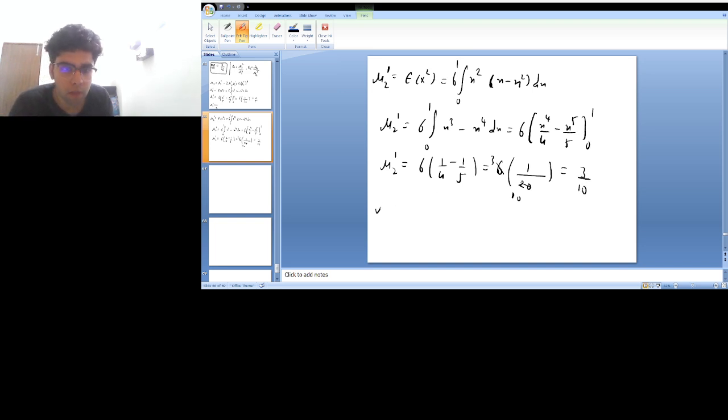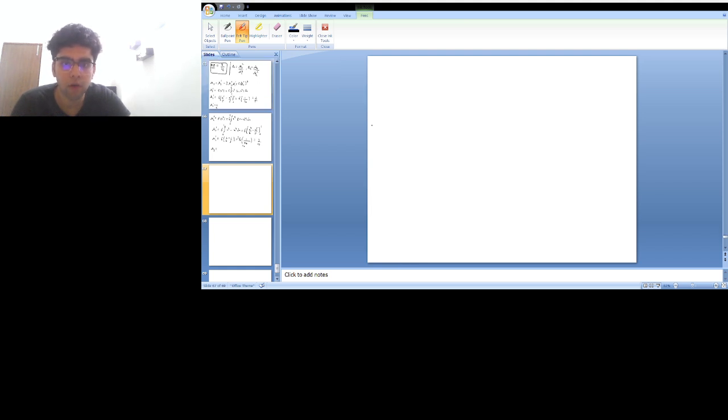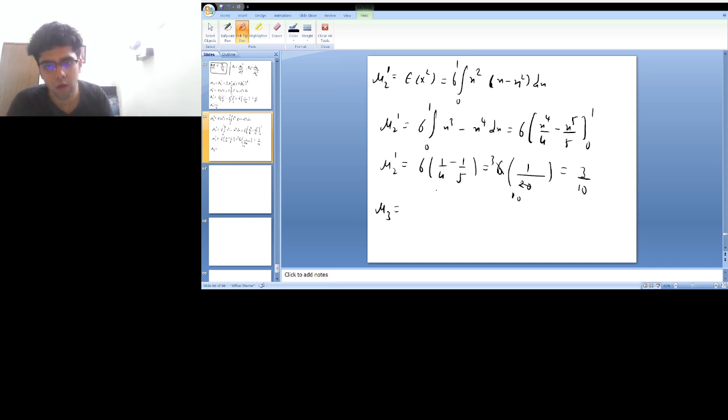So I can find my third moment with respect to the mean, which is 1 by 5 minus 3 times half into, so this is 1 by 5, which is the third moment with respect to the origin, minus 3 times the second moment with respect to the origin, that is 3 by 10, into my first moment with respect to the origin, which is half, plus 2 times my first moment, the whole cube, which is half whole cube.